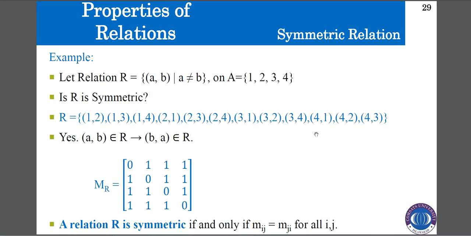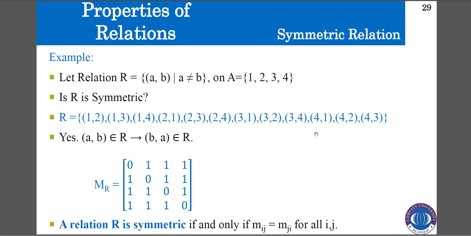For (2,1) we find the opposite (1,2), and for (2,3) we also get (3,2), and (4,2) with (2,4) in this relation. (3,1) we already got, and (3,2) we also already got, and the pair (4,3) in this relation also contains (3,4). (4,1) and (1,4) are both there, and (2,4) and (4,2) are also present.